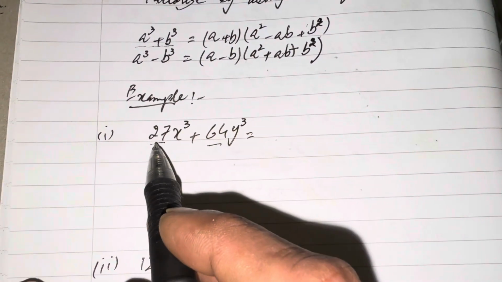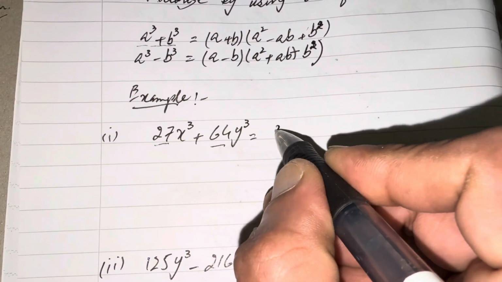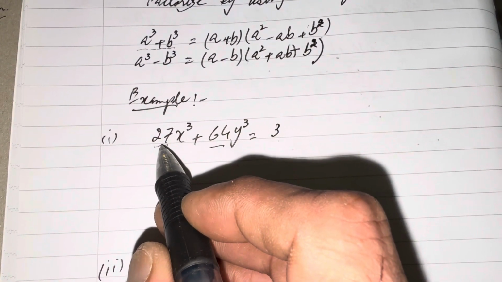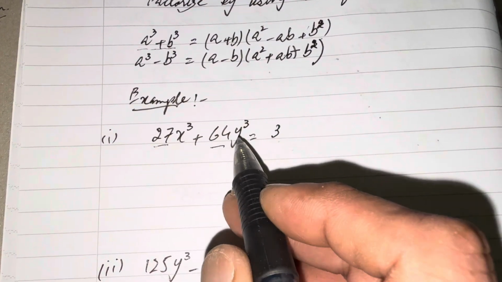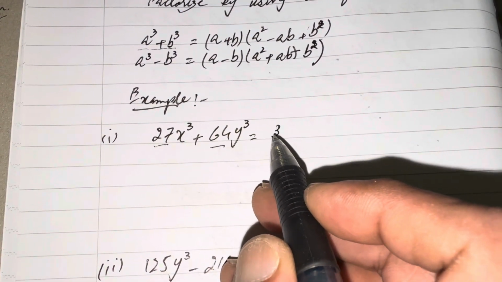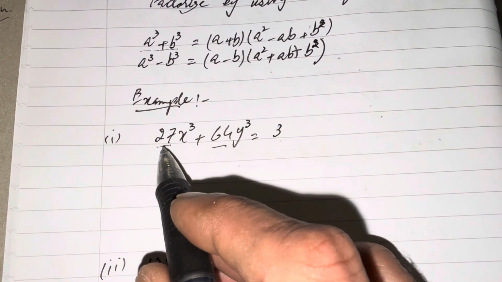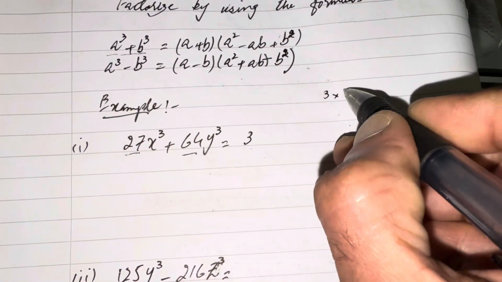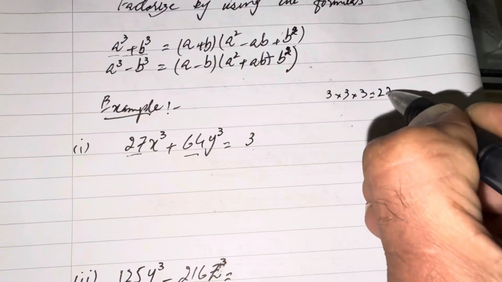So we can write 27 like 3 multiplied by 3 multiplied by 3. If we multiply 3 by 3 times, we can get the answer 27. So it means 3 multiplied by 3 multiplied by 3 is equals to 27.